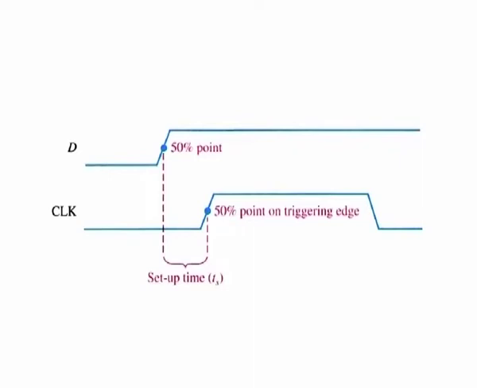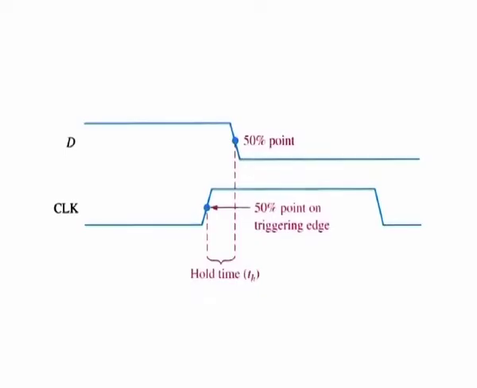Setup time. The setup time Ts is the minimum interval required for the logic levels to be maintained constantly on the inputs prior to the triggering edge of the clock pulse in order for the levels to be reliably clocked into the flip flop. This interval is illustrated in the figure for a D flip flop.